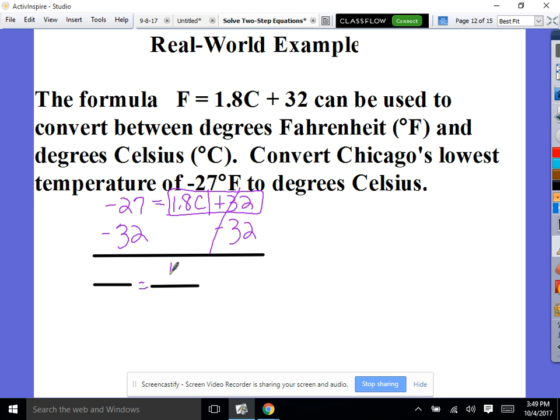That will give us 1.8 C equals negative 59. When we divide by 1.8, notice I am not dividing by the C, just by the 1.8. C equals, I don't feel like doing that by long division, so I'm going to use a calculator.